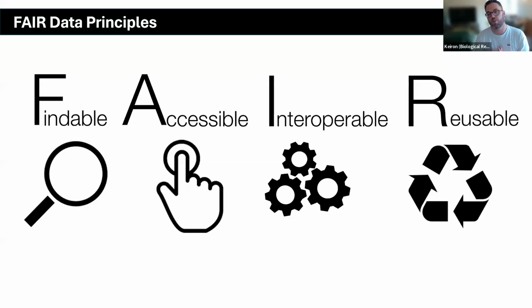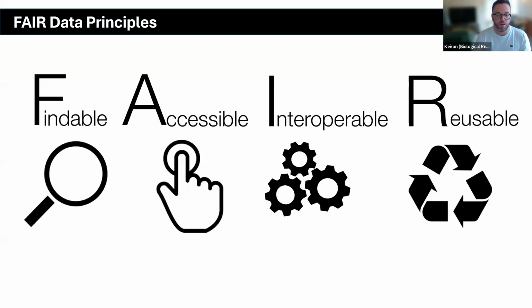So it's really important that when we're creating our data that it meets modern data standards. So the FAIR data principles say that all data should be findable, accessible, interoperable, and reusable. So essentially, we should be able to locate data and access it.